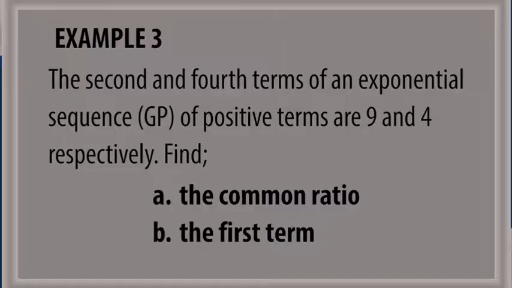Let me show you some examples. The second and fourth terms of an exponential sequence GP of positive terms are 9 and 4 respectively. Find a, the common ratio, b, the first term. Let's go through the solution together.